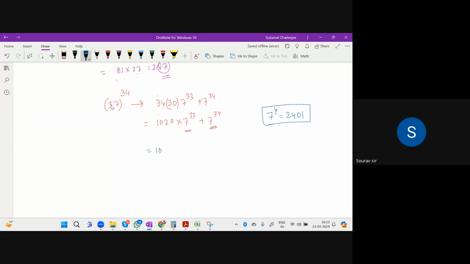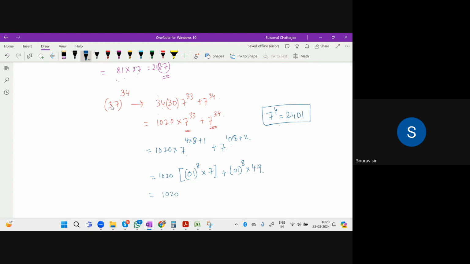So you get 1020 into 7 to the power 4 into 8 plus 1, plus 7 to the power 4 into 8 plus 2. So 1020 into 7 to the power 4, that will give you 2401. So you take the last two digits, 01 to the power 8 into 7, plus 01 to the power 8 into 7 to the power 2, 49.